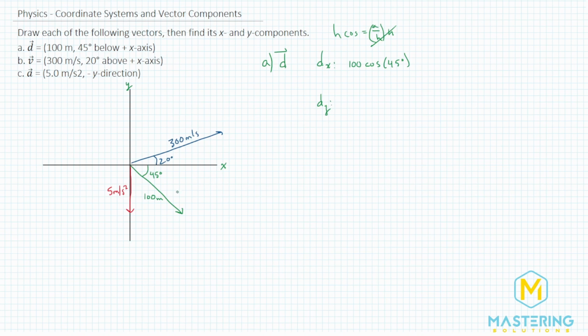Now for the y component, we need this value right here, and it's in the negative y direction. So we need the opposite of the angle, and we have the hypotenuse, so we'll be using sine. And sine of the angle is equal to opposite over hypotenuse. We'll do the same thing to find the opposite. So h, in this case again, is 100 times the sine of 45 degrees, which will give us the y component.